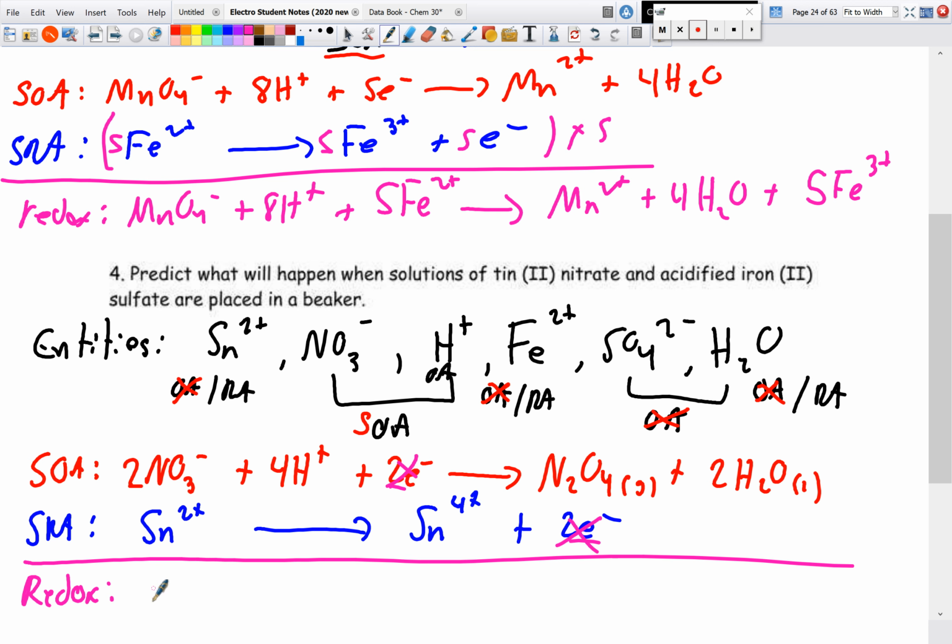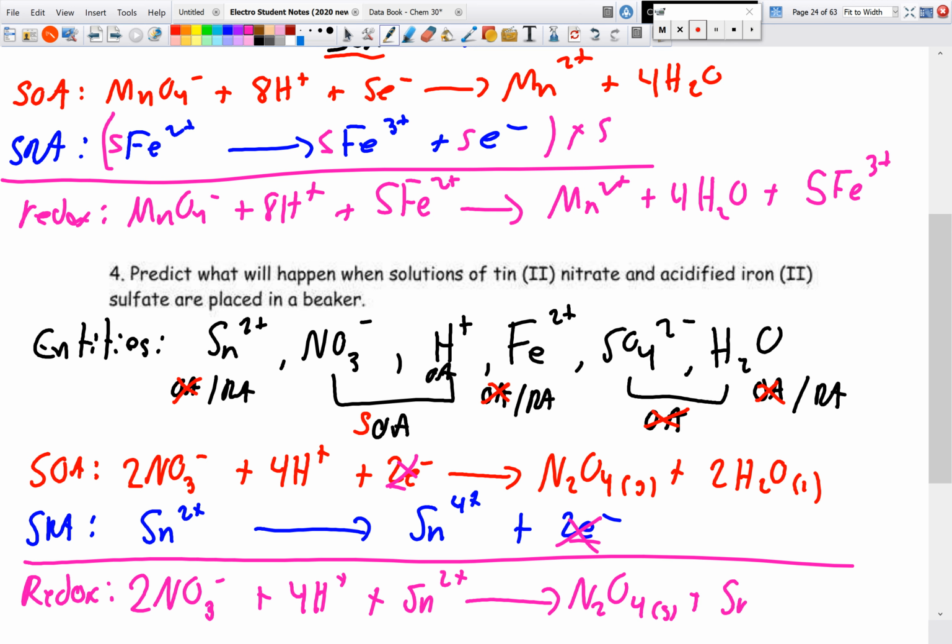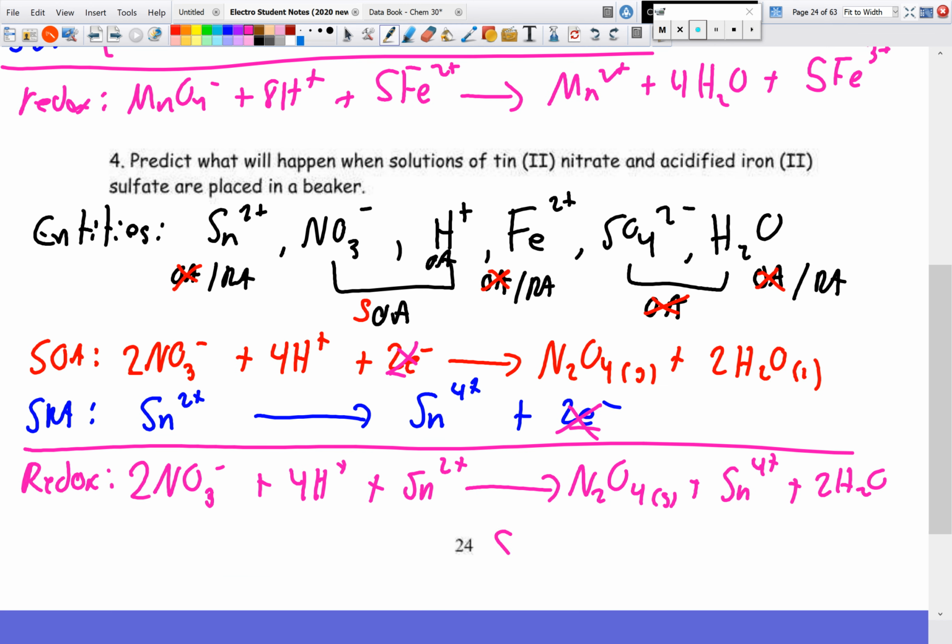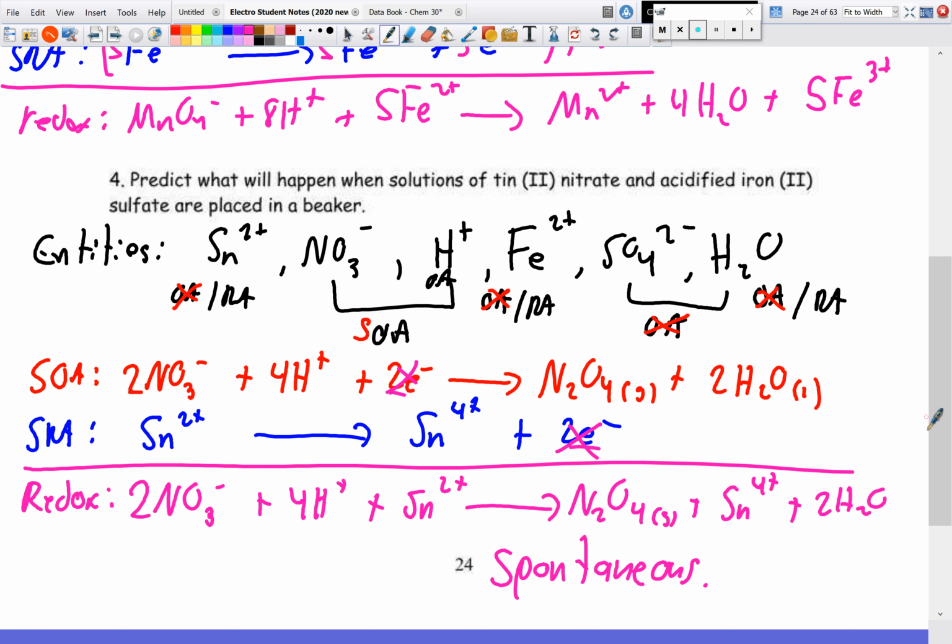So you scratch those out and we have our redox that looks something like this. And of course, this is a spontaneous reaction.